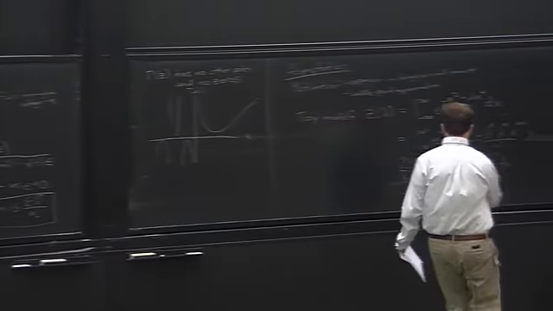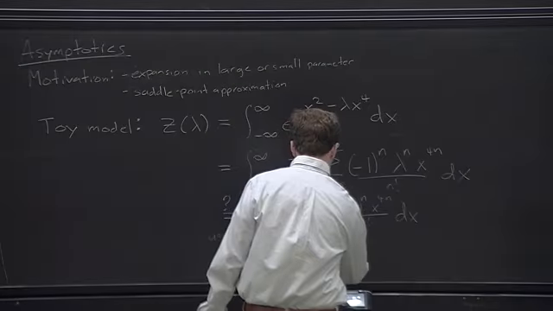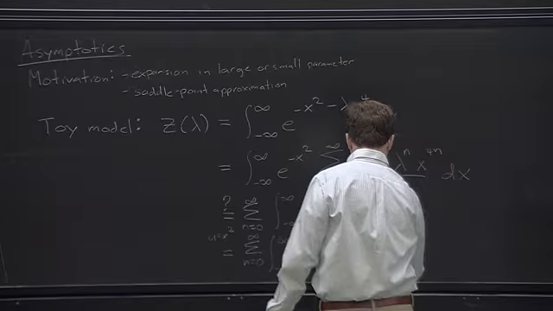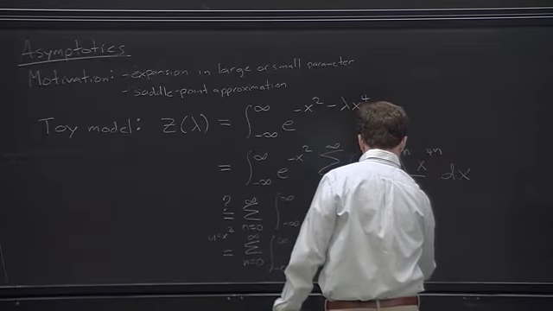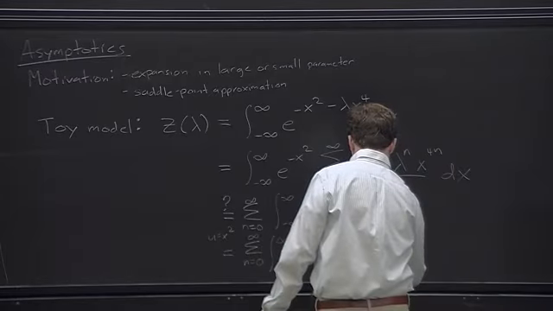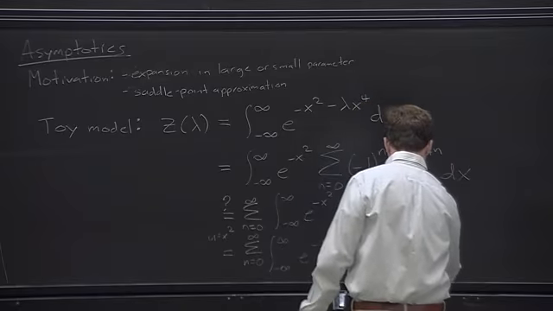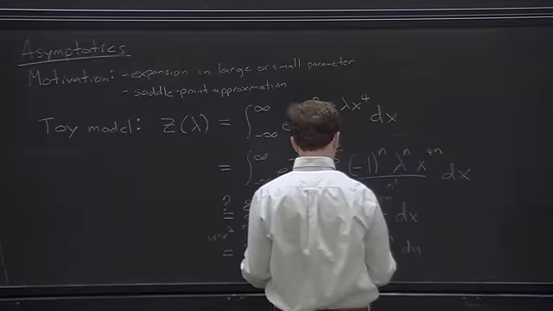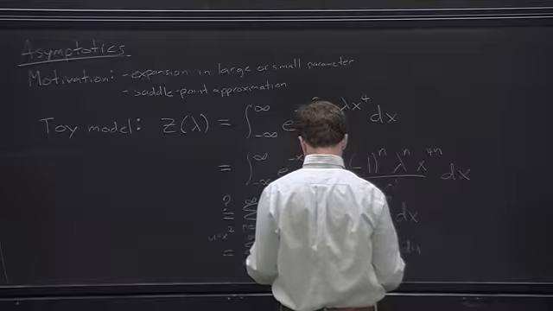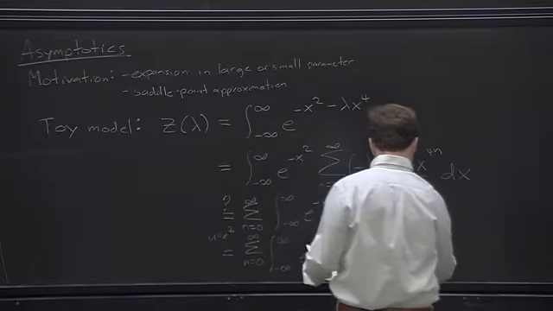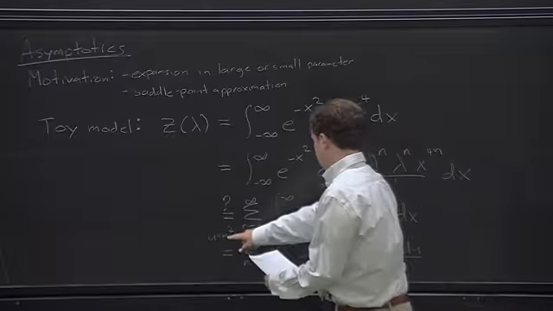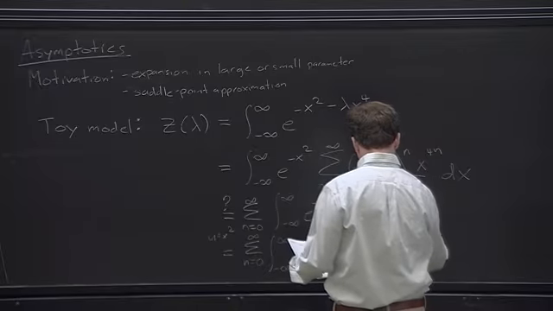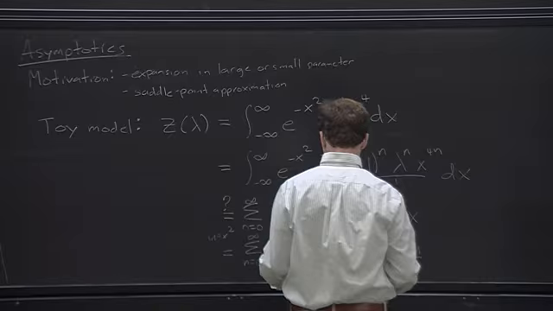So what we get here is e to the minus u, minus lambda to the n, u to the 2n over n factorial du. From the change of variables, we get a half and a u to the minus a half.